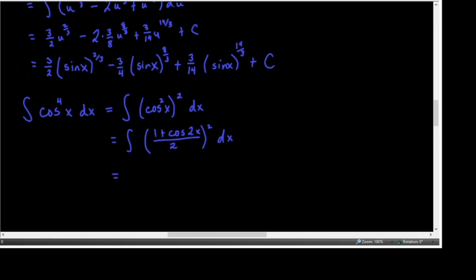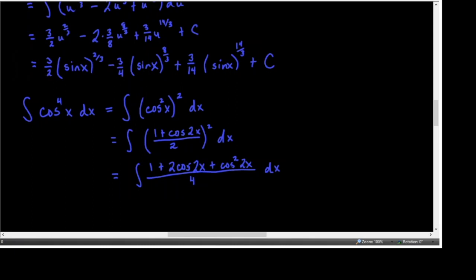All right, so then doing the squaring, we're going to get 1 plus 2 cosine of 2x plus cosine squared of 2x all over 2 squared, which is 4, dx.